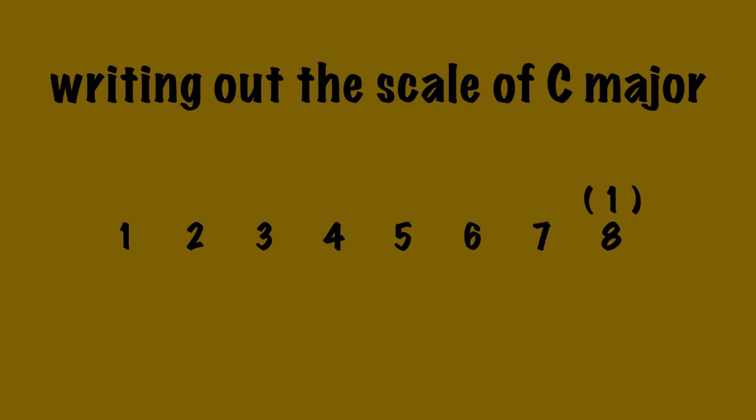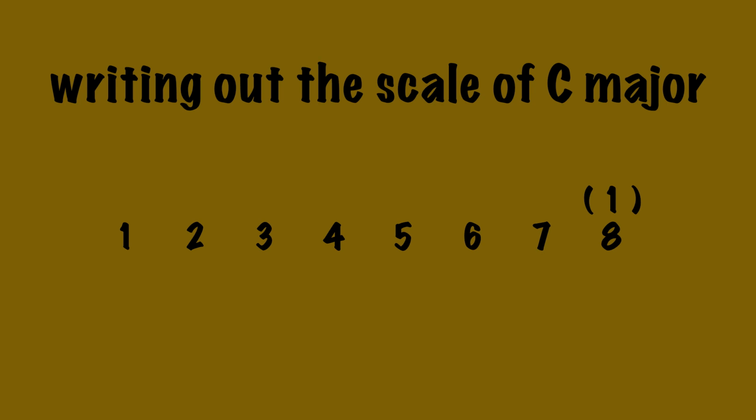So let's take C major as an example. So we know that altogether in a 1 octave scale we're going to have 8 notes, and we also know that the first note and the last note are going to have the same letter name.